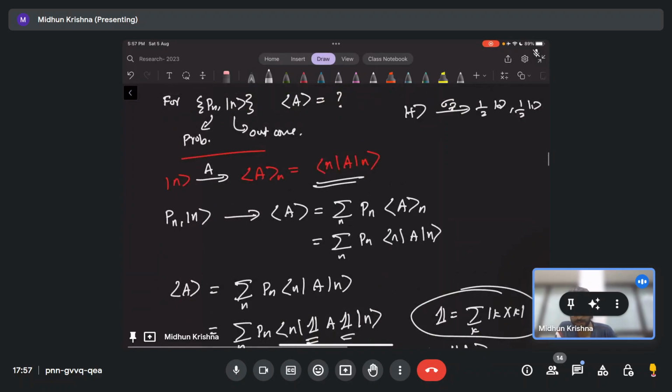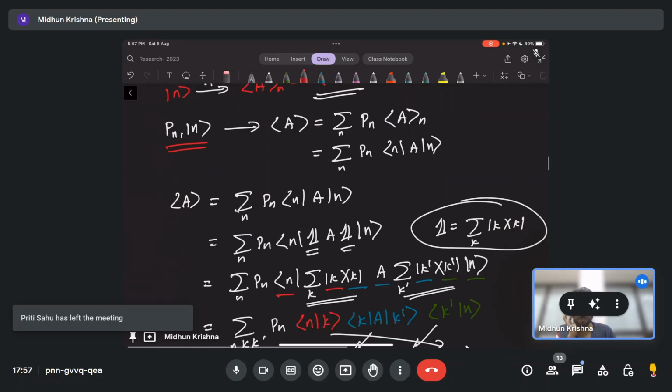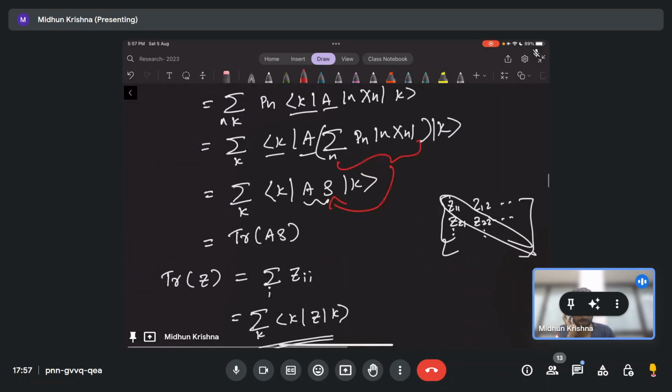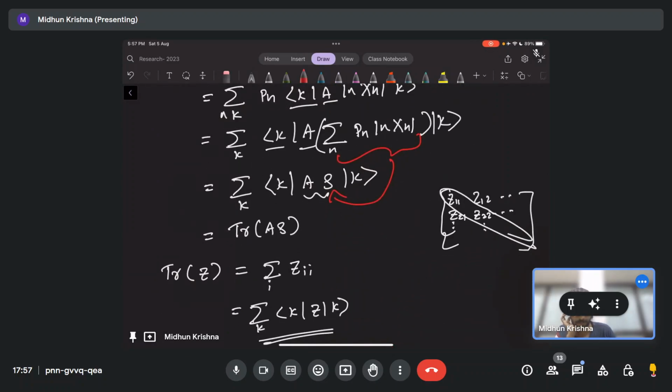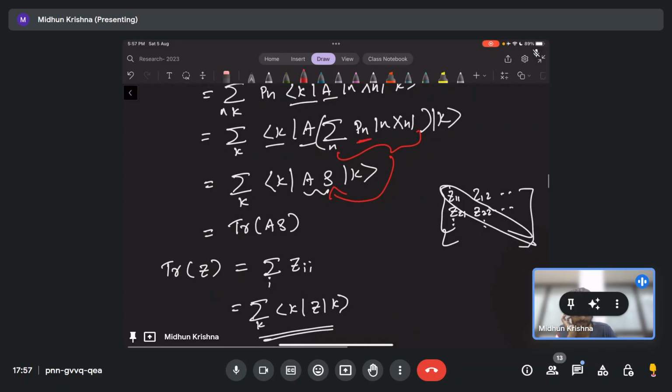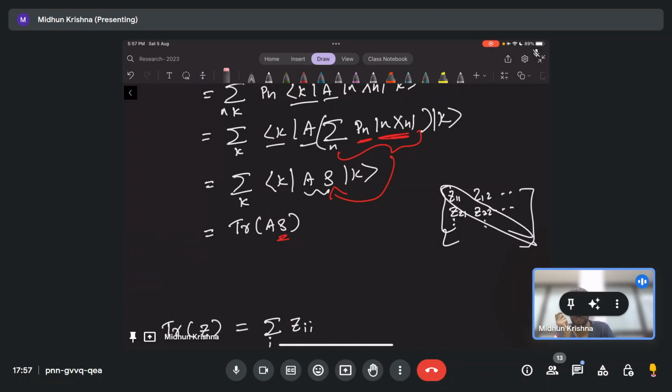We had this ensemble, where we were given state n with some probability Pn, and we wanted to find the expectation value, or the mean value, of an observable A. What we have done through this long tedious calculation is that this quantity has the information Pn encoded in rho, and A is just the observable we are interested in.